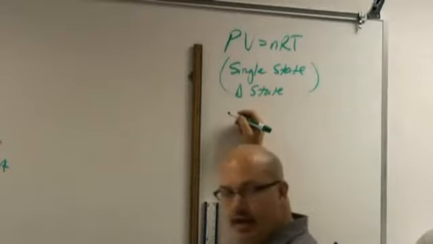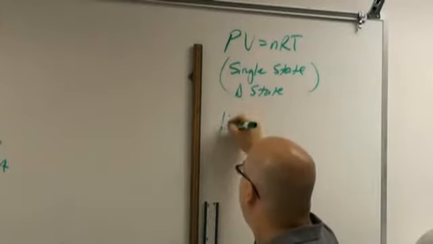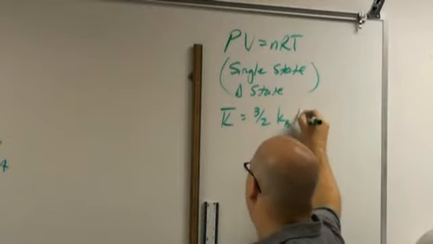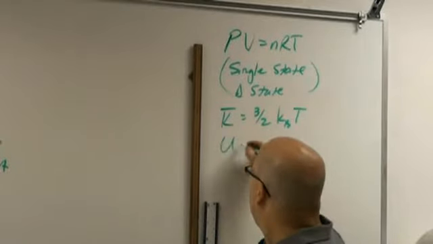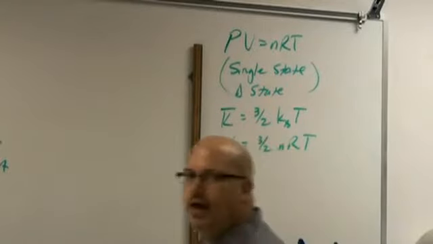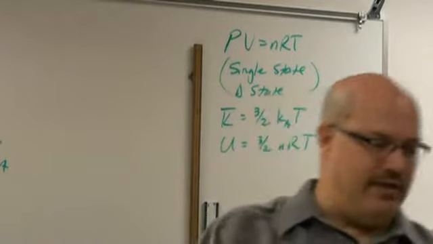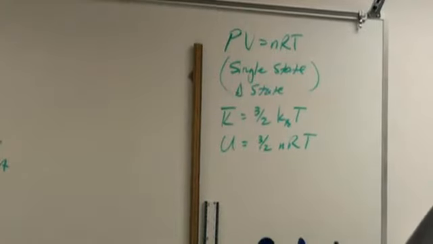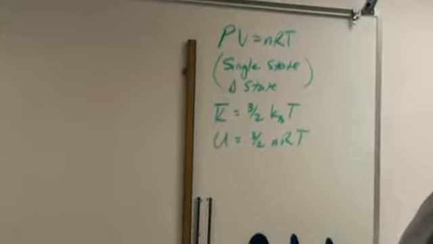And then we've learned that the average kinetic energy equals 3 halves Boltzmann's constant times T. We've learned that the total energy of the gas is equal to 3 halves nRT. One last thing before we go on and leave gases behind. We'll actually work a few problems and then leave gases behind.